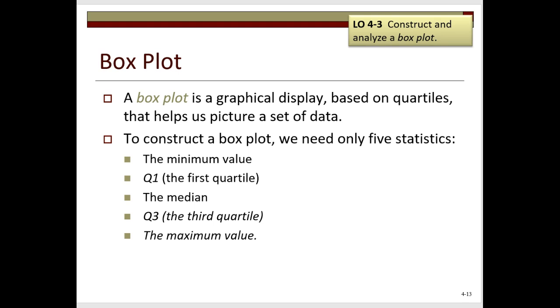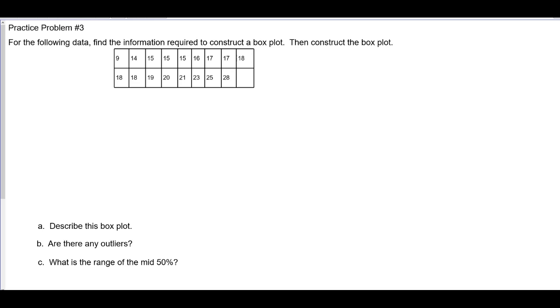So we are going to jump right into doing an example and seeing how you construct these and then how you read these. So here's practice problem number 3. For the following data, find the information required to construct a box plot, then construct the box plot. We are given some information, and the first thing we need to do is our 5-number summary.